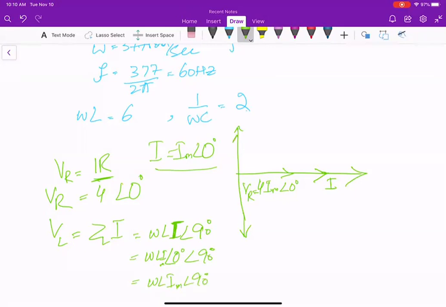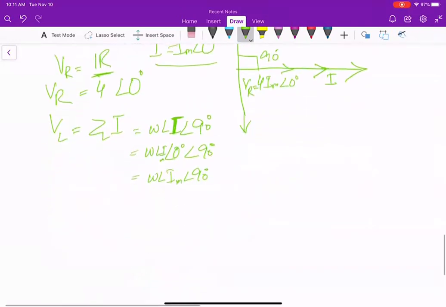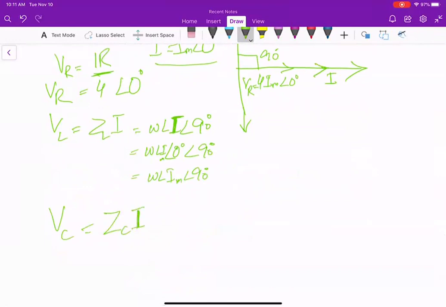So this is our VL because it's at 90 degrees. Okay, now we need to see one more thing, which is VC. VC is ZCI, which is minus J over omega C, I, which is I over omega C minus 90 degrees. So this would be our VC.